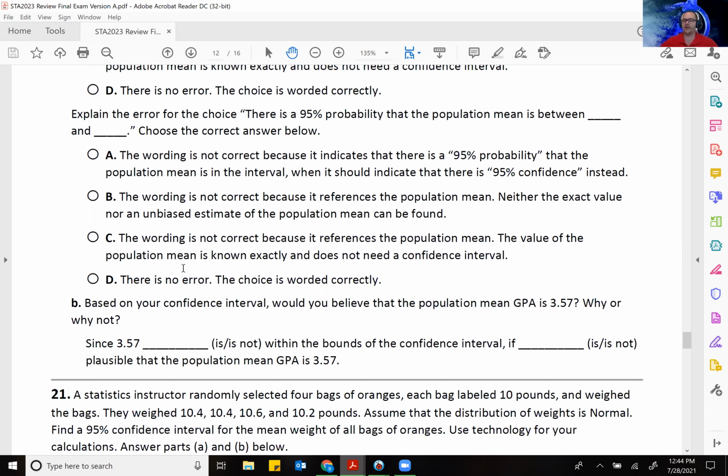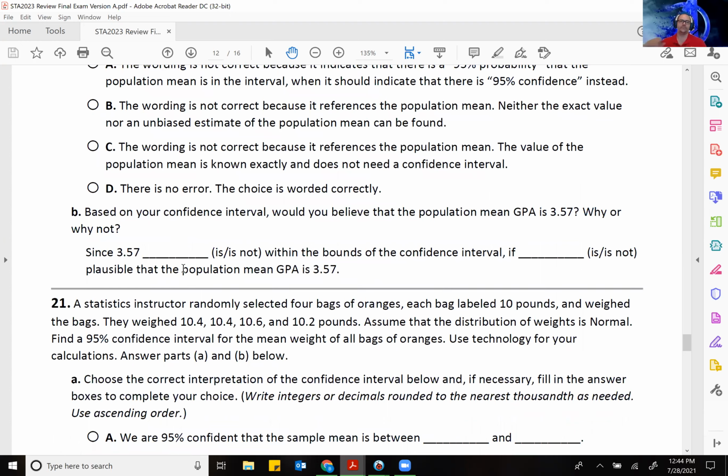And then part B: based on your confidence interval, would you believe that the population mean GPA is 3.57? The sentence goes, since 3.57 blank within the bounds. Is it within the bounds or is it not within the bounds? It is.